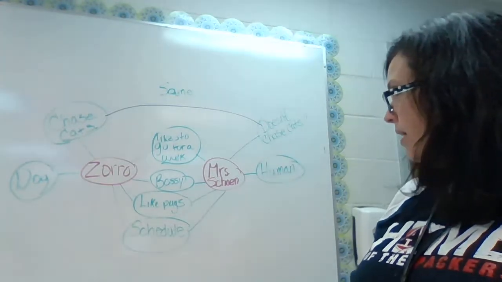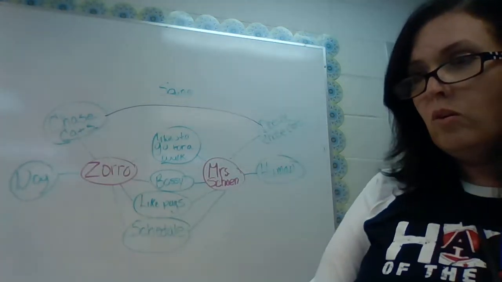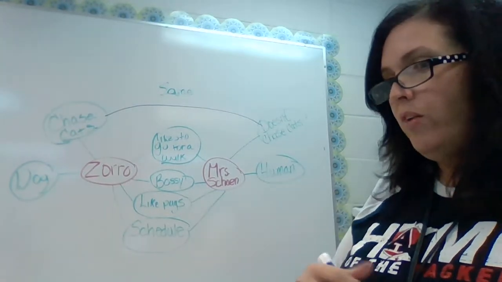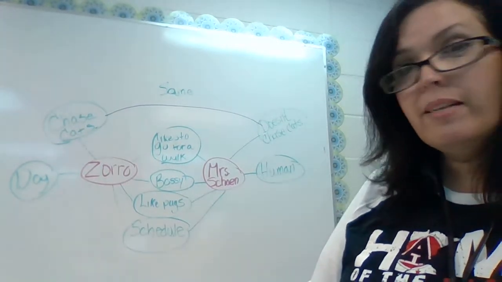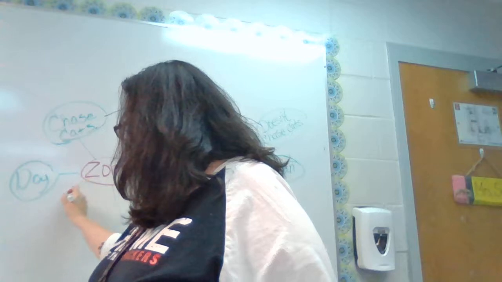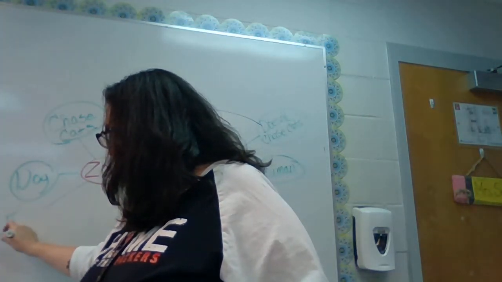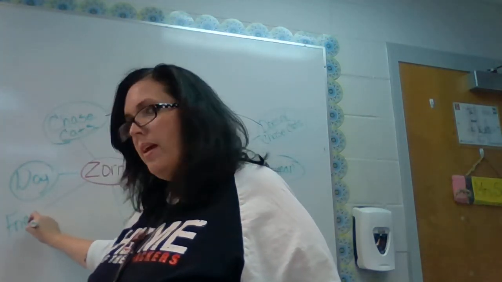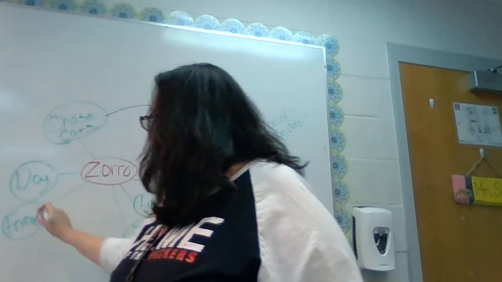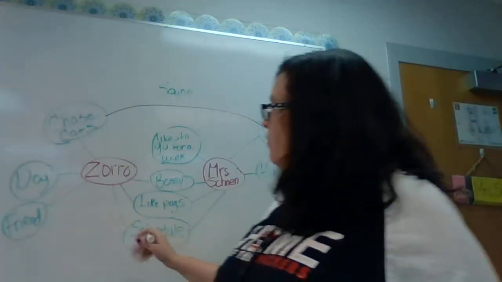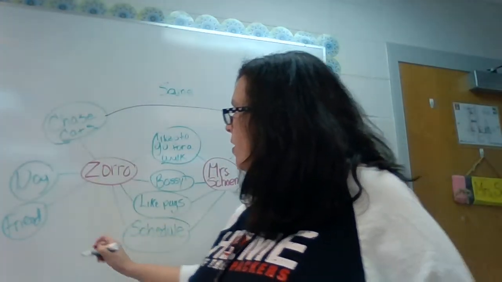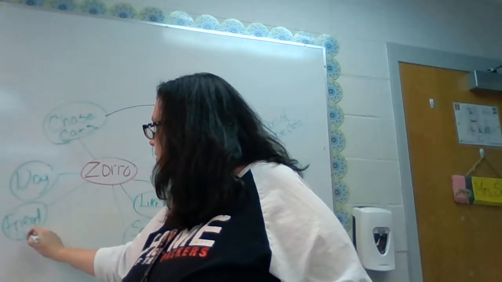Okay. All right, let's think. Zorro has a best friend named Mr. Bud because they got to be friends at the end. So he has a friend. Okay, so we're going to write friend on here. And then, oh, no, that would be a name one. Friend is a dog.